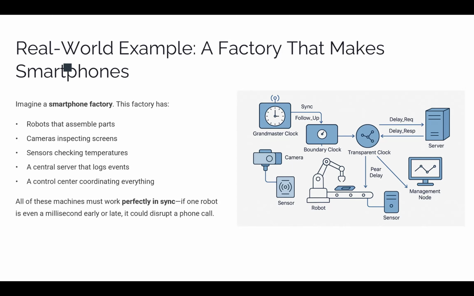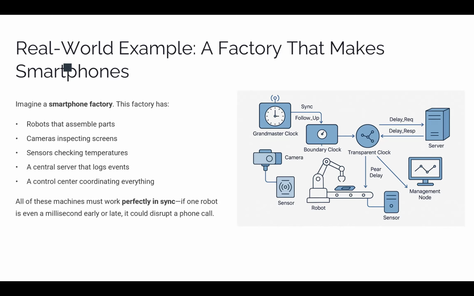Now, to address that, since we have a wide network and each network has its own purpose, the best option for the architecture of the PTP system that we want to use is the hierarchy. Okay, so the architecture with the hierarchy.